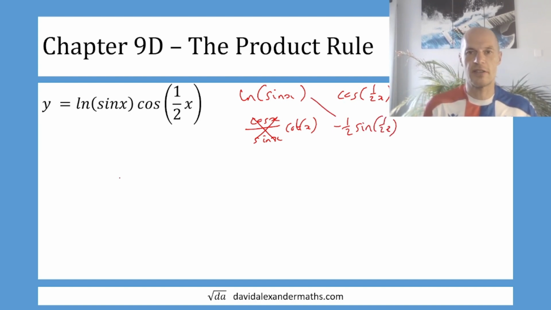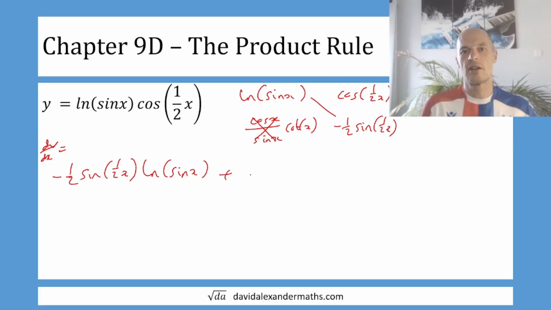Okay, so let's chuck these two together. So dy by dx equals minus 1/2 sine 1/2 x ln sine x. I could have written minus 1/2 ln sine x times sine 1/2 x, same thing, plus cot x cos 1/2 x.